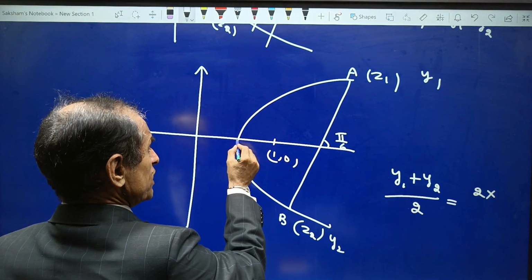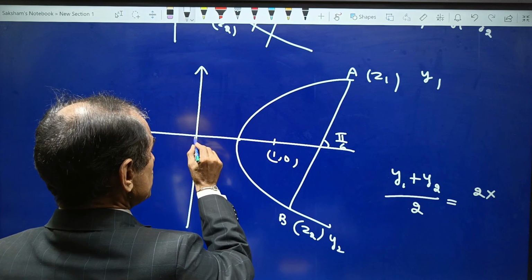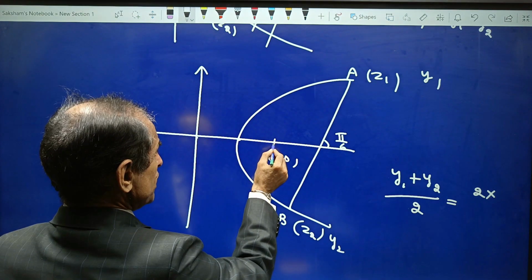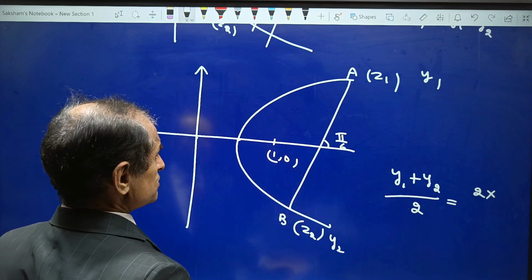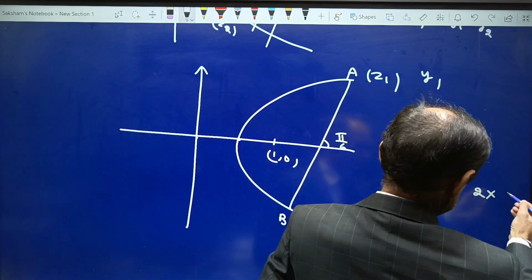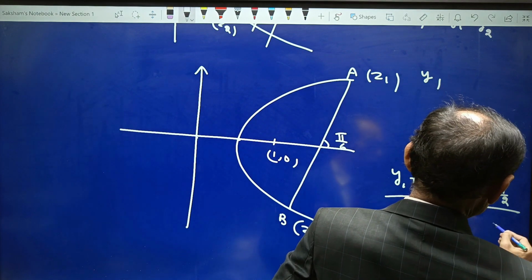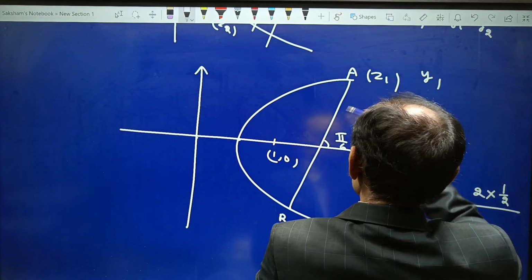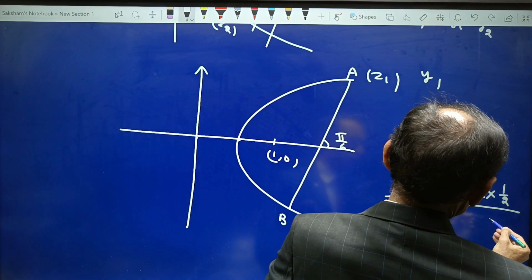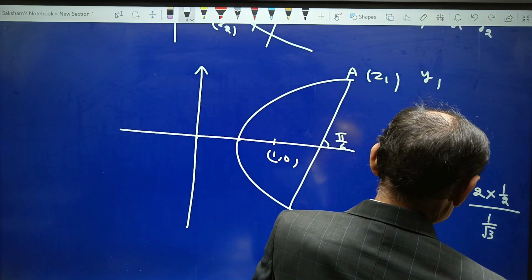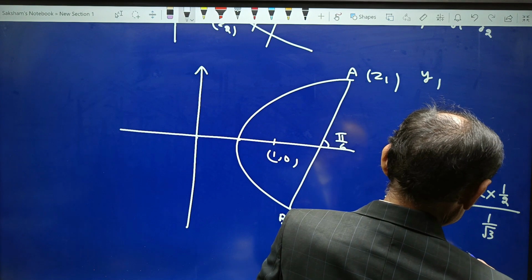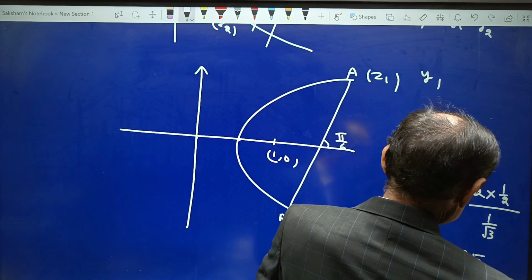Because vertex is at the middle point of origin and the focus, hence I can say a is 1 by 2. 2 into 1 by 2 upon m. M is slope of this, tan pi by 6, 1 by root 3. Hence I can say y1 plus y2 will be equal to 2 root 3.